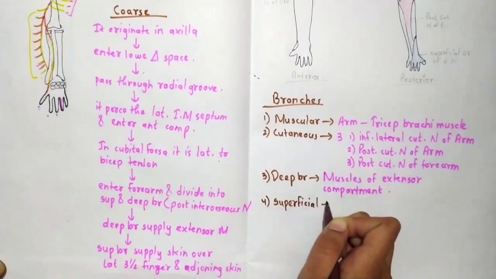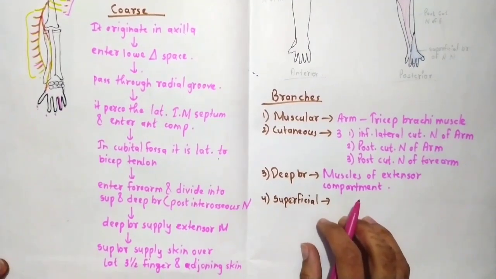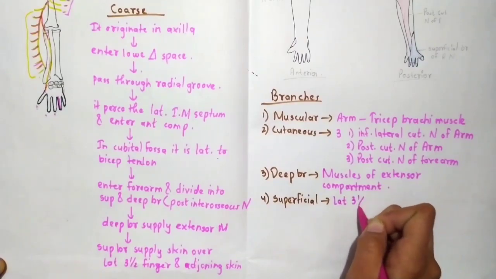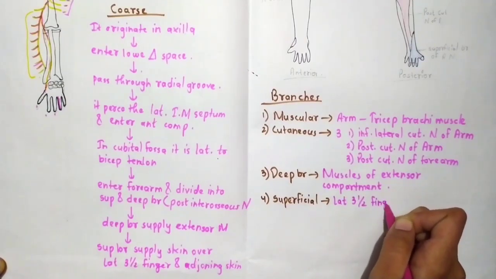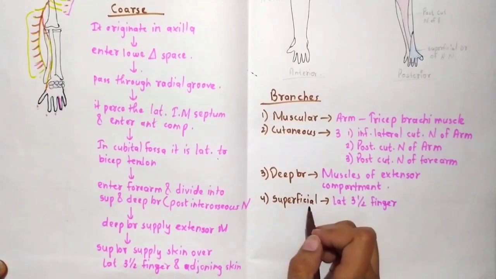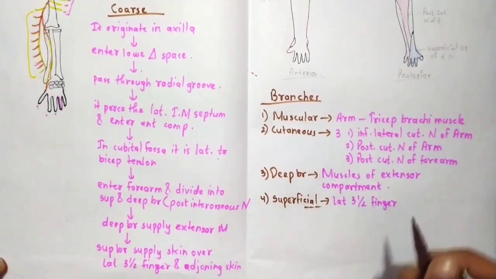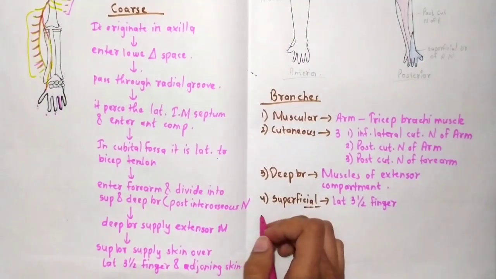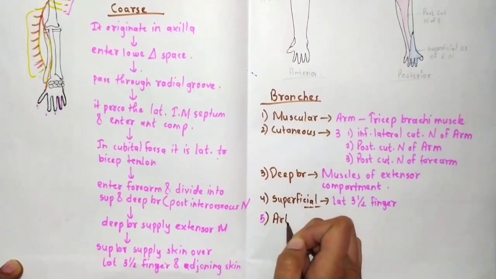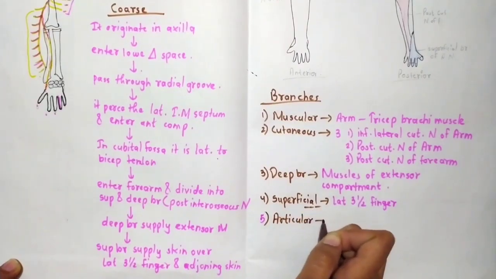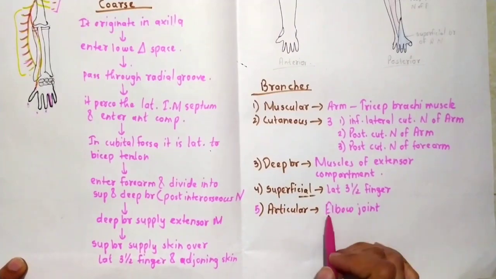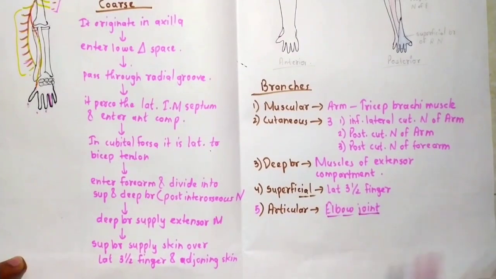The superficial branch will supply the lateral 3.5 fingers. This is cutaneous supply, that is why it gives cutaneous supply. And the fifth branch is for the joint, that is articular. The articular branch is for the elbow joint.